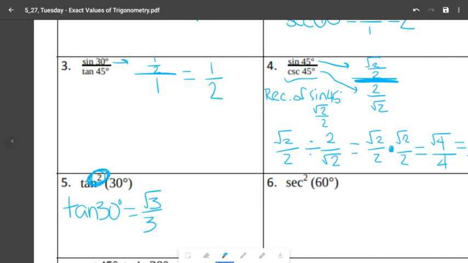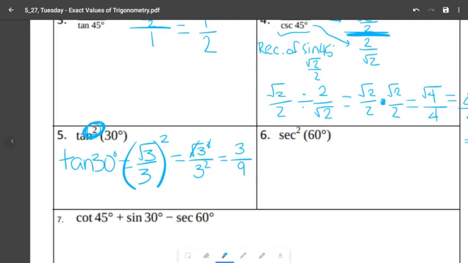And then because it was being squared, we're going to square the radical 3 over 3. So this is from our last unit. Radical 3 on top is going to get squared, and the 3 on the bottom is going to get squared. So on top, the radical and the squared cancel out, and you're left with just the 3. On the bottom, 3 squared is 9, and 3 over 9 is 1/3.